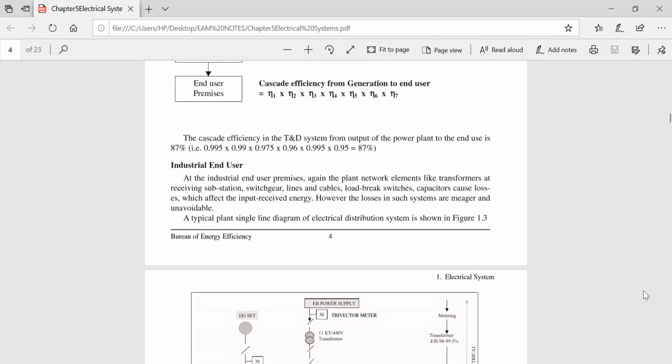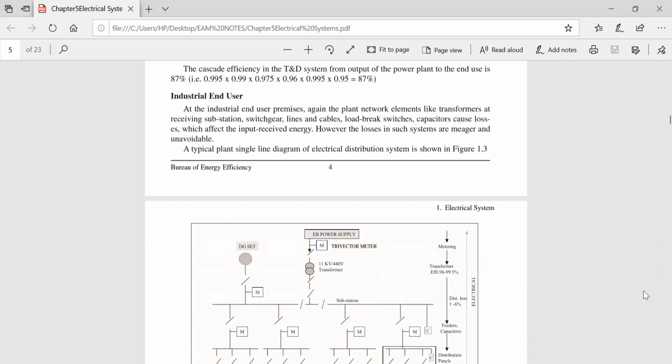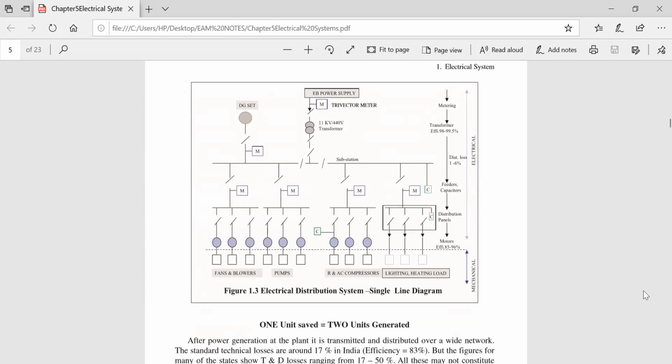Here the single line diagram of the electrical distribution system is shown. Here metering, then the meter is there. Then we have a transformer shown here, right?